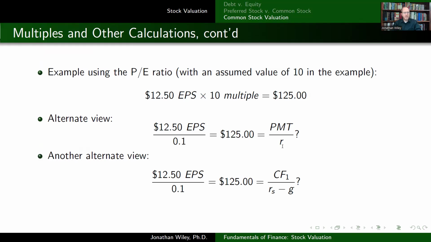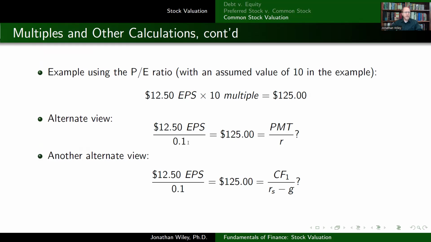Well, if that discount rate of 10% doesn't seem high enough to justify the risk, then maybe I ought to use a different number. And so hopefully that gets you thinking, maybe this isn't the right multiple we ought to use. Maybe we ought to use a different multiple that'd be consistent with a higher discount rate.